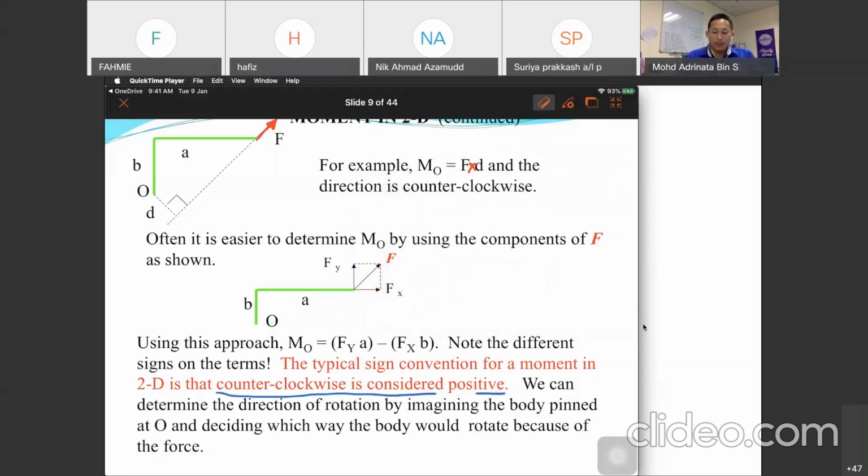Why do we have Fy a positive and Fx b negative?